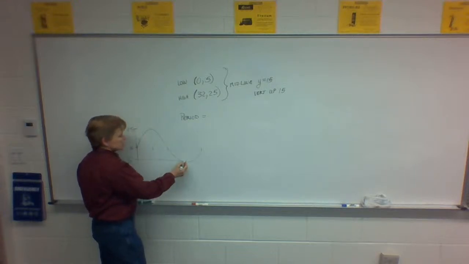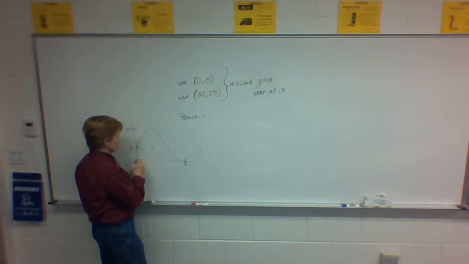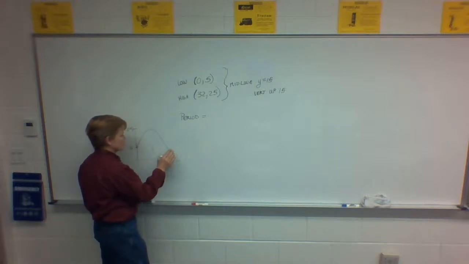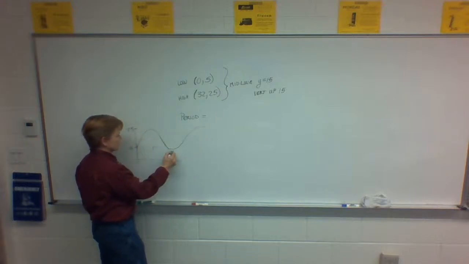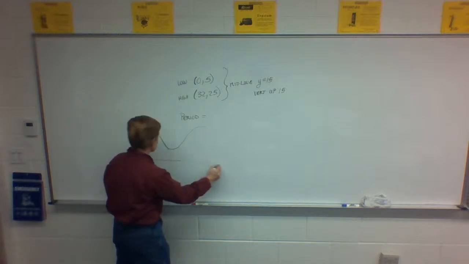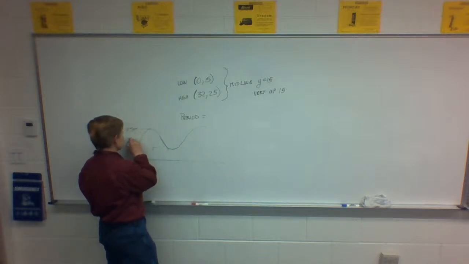Okay, so the low here is 5. This is 0. I drew that way down to low. For you guys, don't be confused. So this is 5, this is 25. This is the x-axis. The midline is at 15.